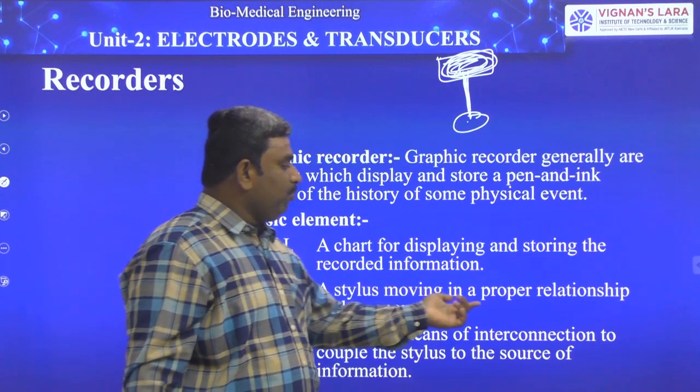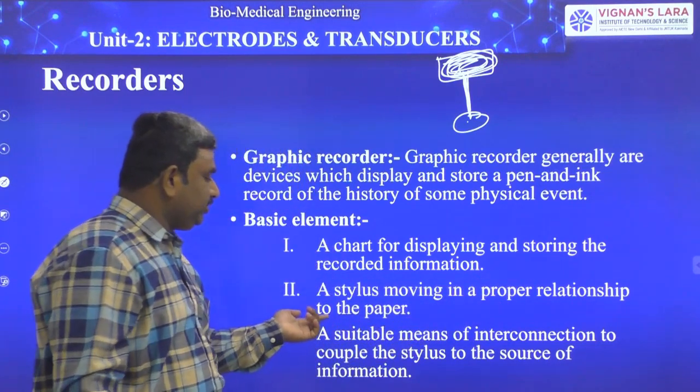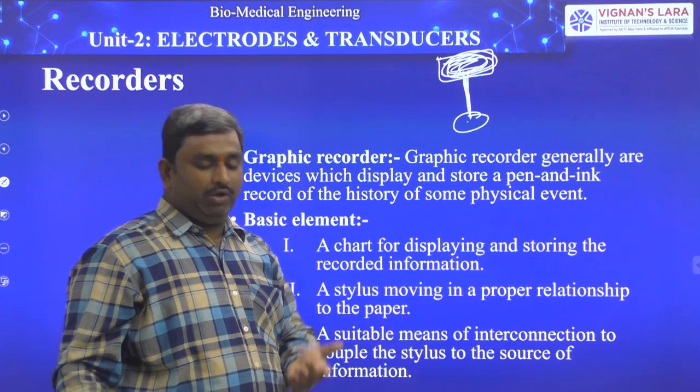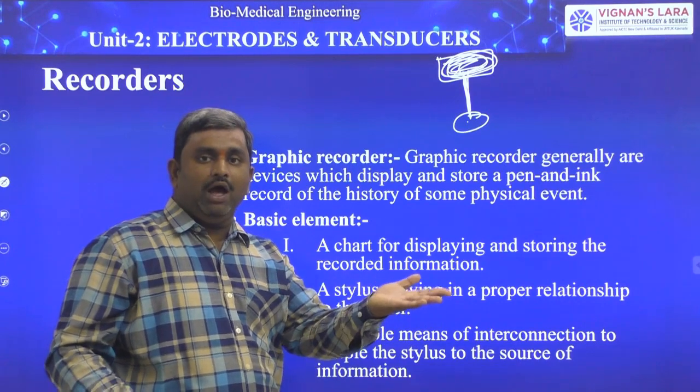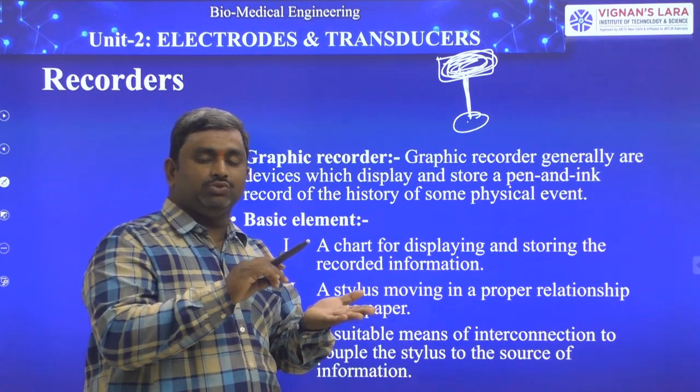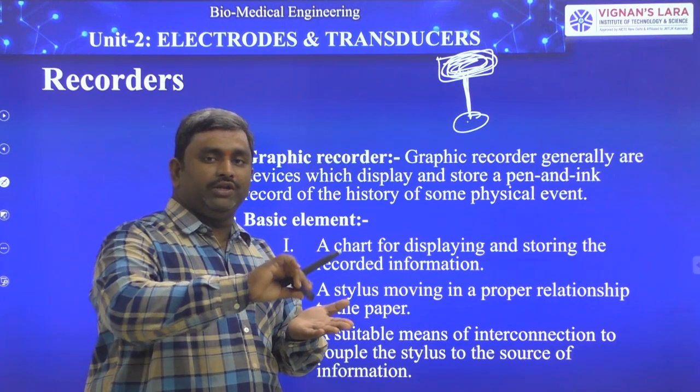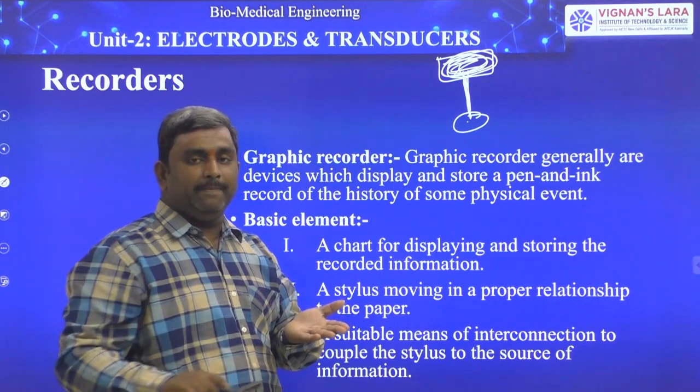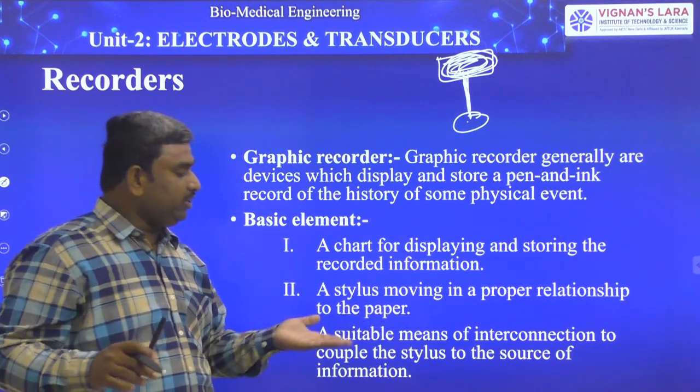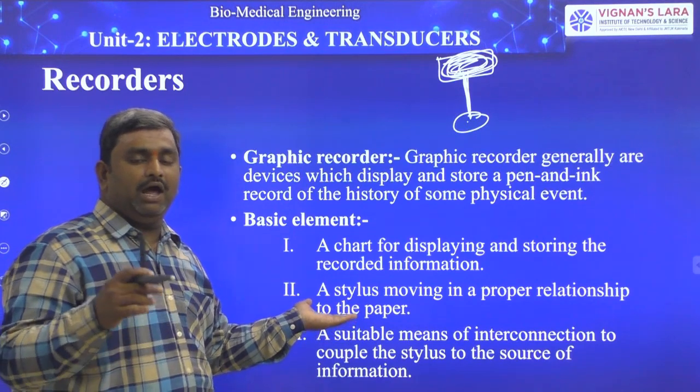A stylus moves in a proper relationship to the paper. If the paper is moving, the stylus has to record that information on this paper. So there is a proper relation between paper and pen.